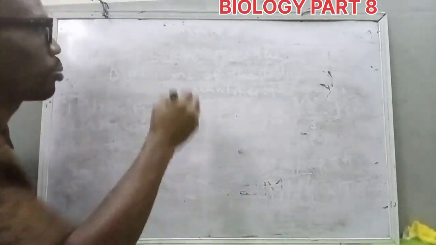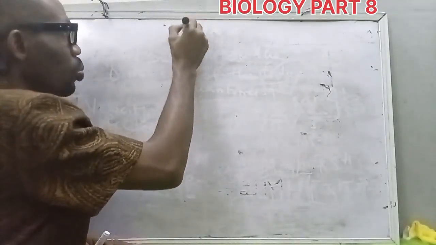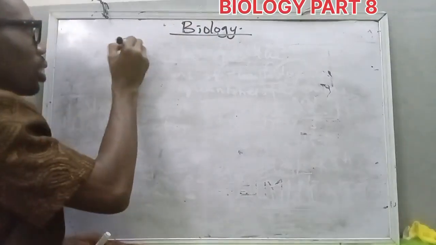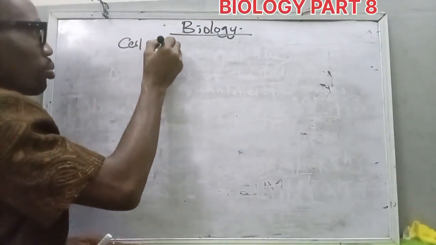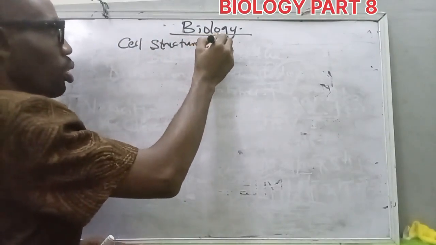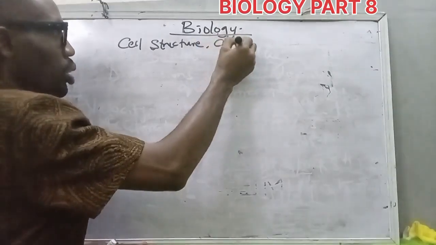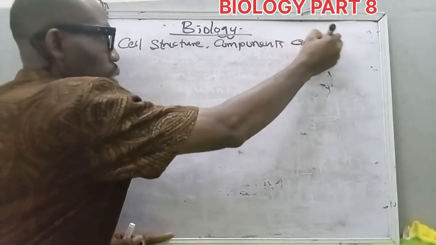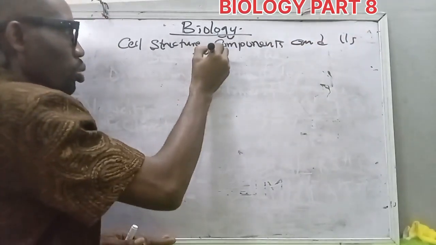So here we're learning biology. So I'll write it this way. There's a reason for me writing it very small. So biology, we're looking at cell structure, components and its function.